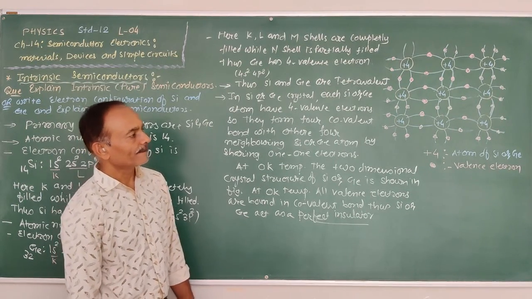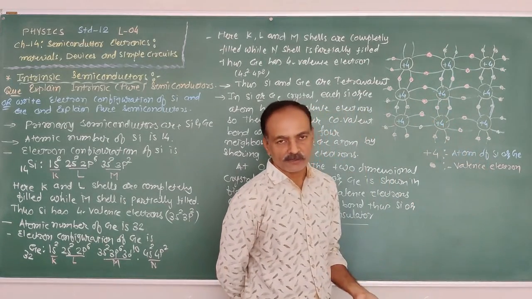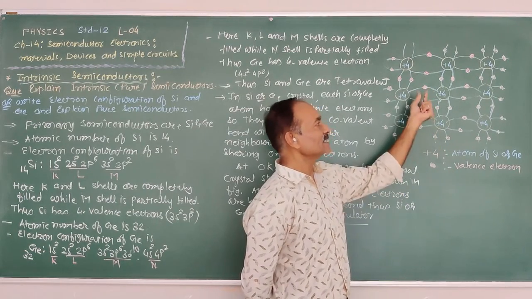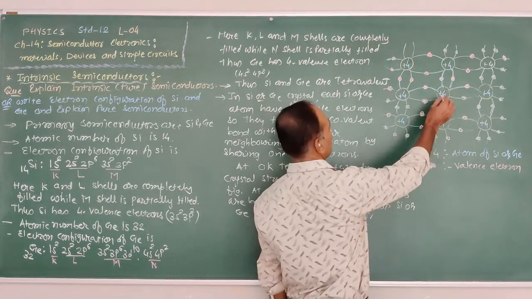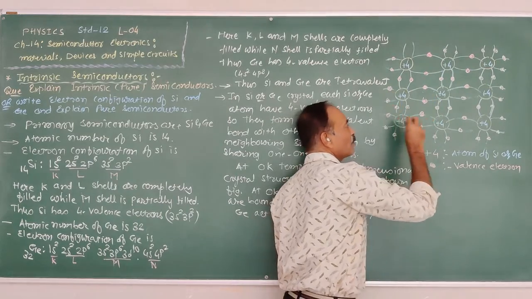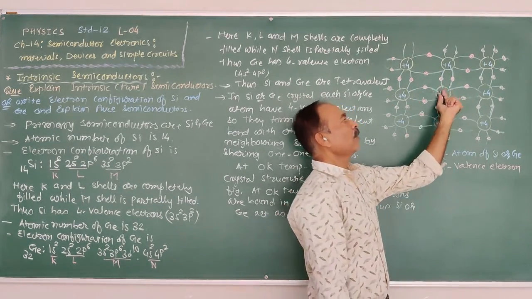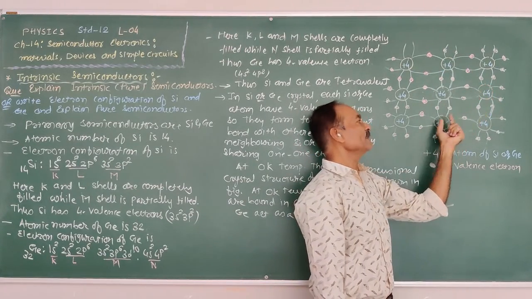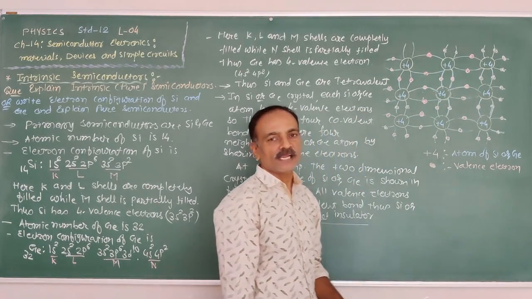Clear this? Okay. Now in the figure, the +4 represents the silicon or germanium atom. The dark circle represents the valence electron. This valence electron is shared with one electron of the neighboring silicon or germanium atom and forms this covalent bond. This atom forms 4 covalent bonds with its 4 neighboring atoms by sharing 1 electron.